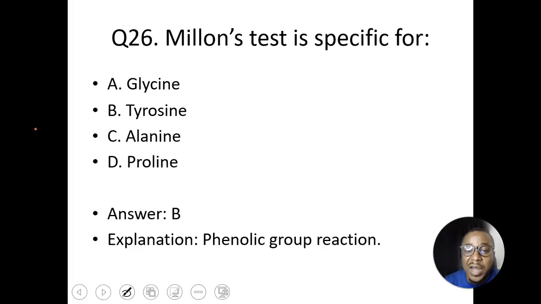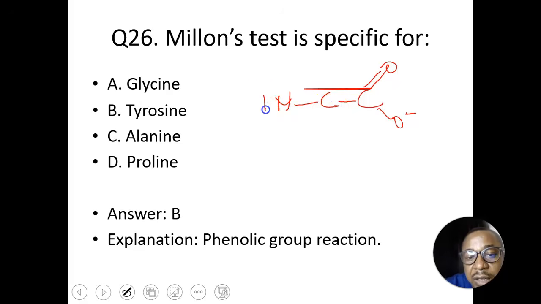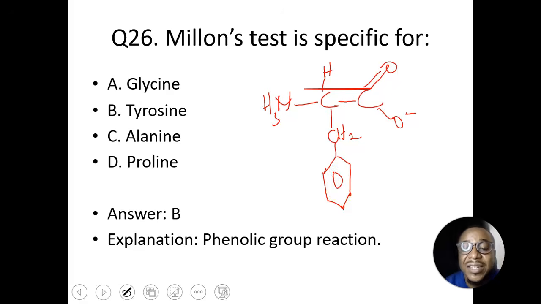What do we mean by a phenolic group? If you have an amino acid with NH3, hydrogen, and CH2, then this group is a phenyl group. So this is phenylalanine.